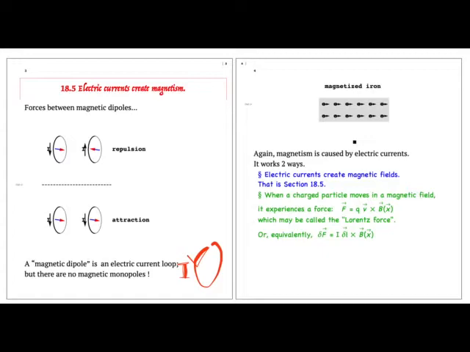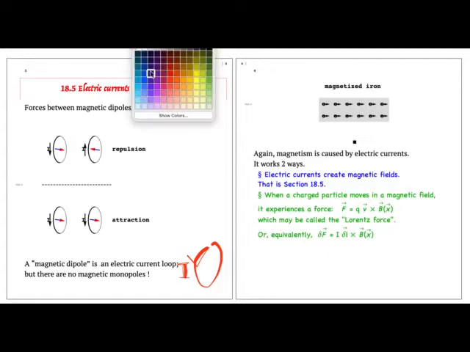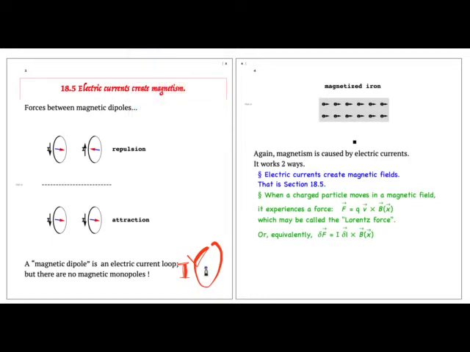And now, the definition of the dipole moment. Dipole moment, we usually call it M, sometimes mu. The dipole moment of a current loop is the current times the area, pi r squared for a circular loop, times the unit vector perpendicular to the loop.